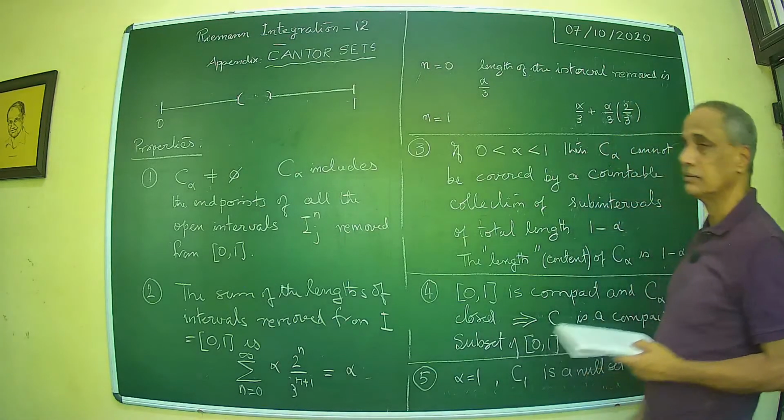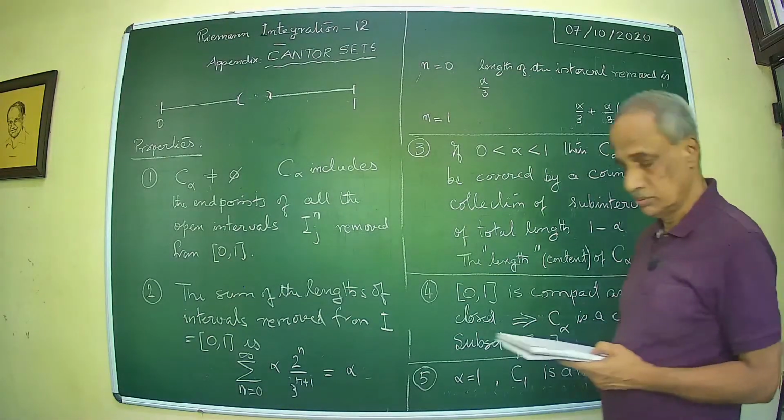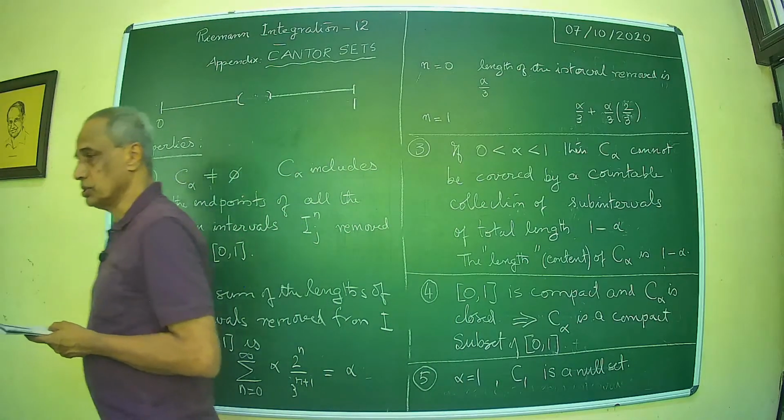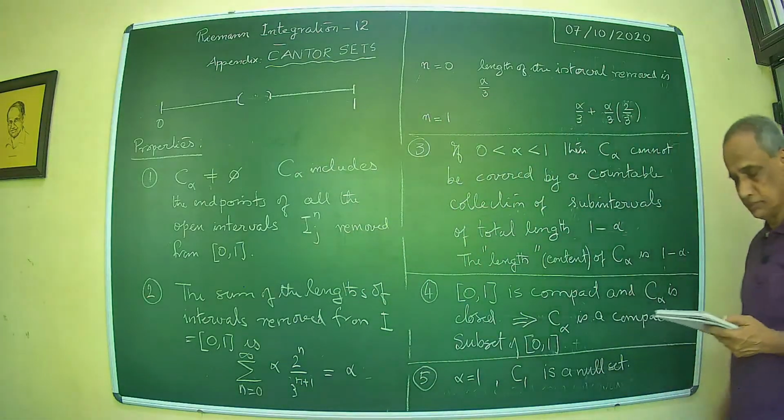That means it can be packed into a countable collection of intervals whose total length can be made arbitrarily small.